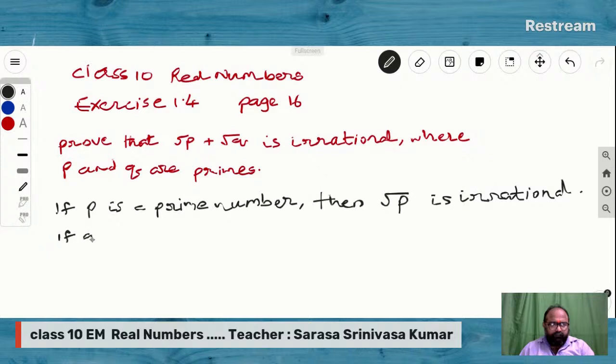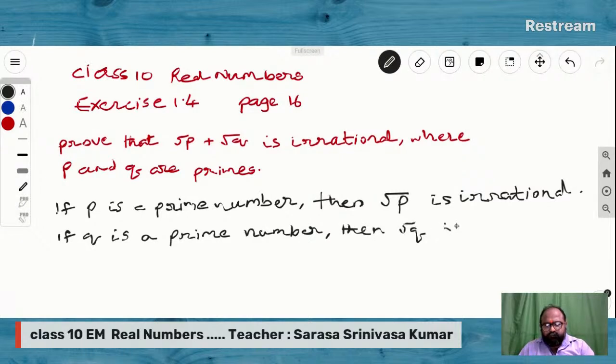If q is a prime number, then square root of q is irrational. We have already proved these two results.